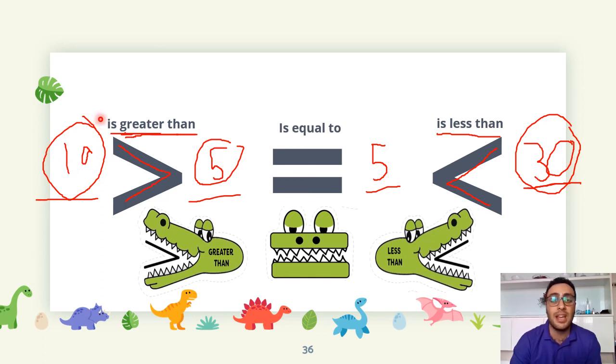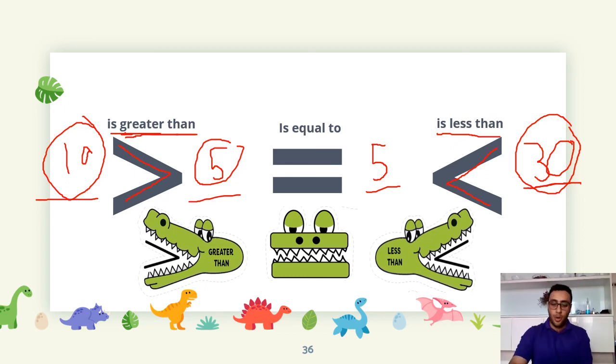We say is greater than. Now, if the number is the same on both sides, we put 2 lines. So we say is equal to. Very good. Now, if the bigger number is on the right side, we say is less than.